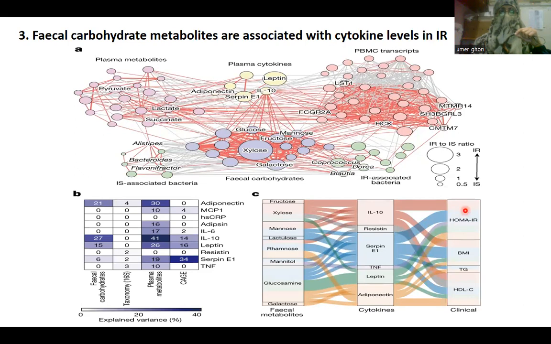Notably, there were unique correspondences between the metabolites and cytokines. For example, interleukin 10 mediated the effect of fructose, mannose, xylose, and rhamnose, but no others.